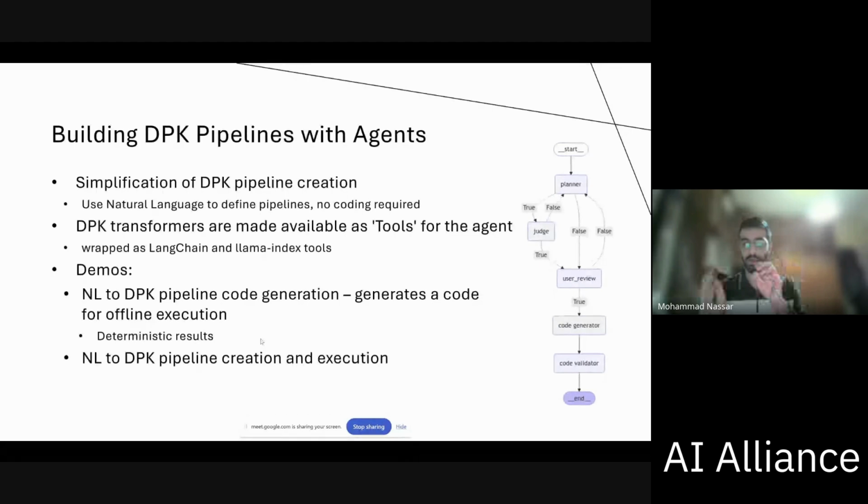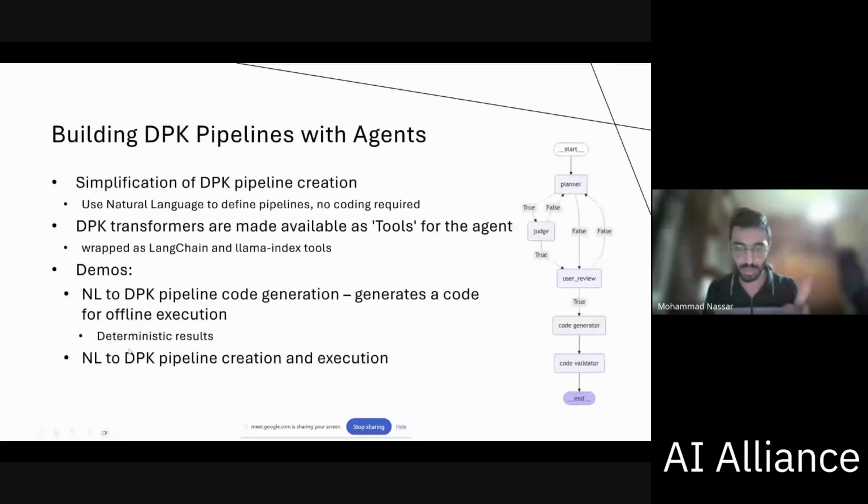So it's deterministic. There is no need to regenerate all the agent from the beginning. The output is a Python file that can be used by different users. This is the first demo.